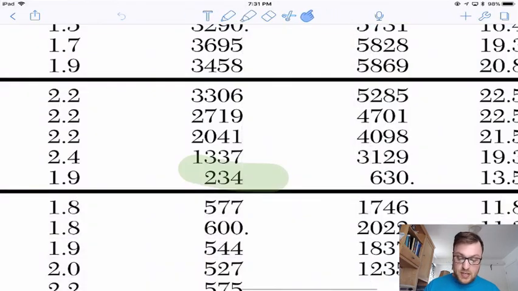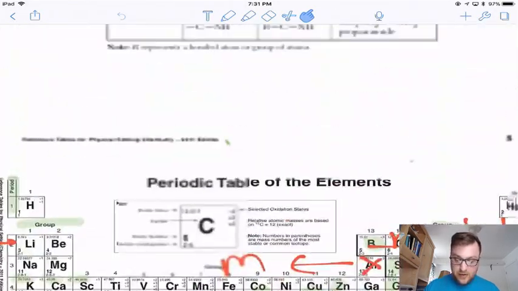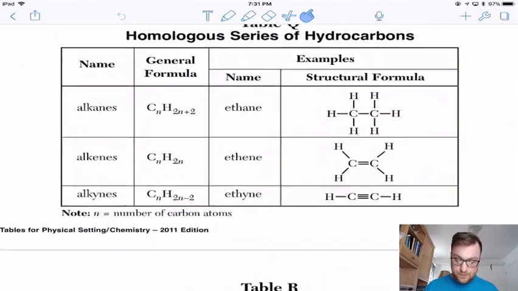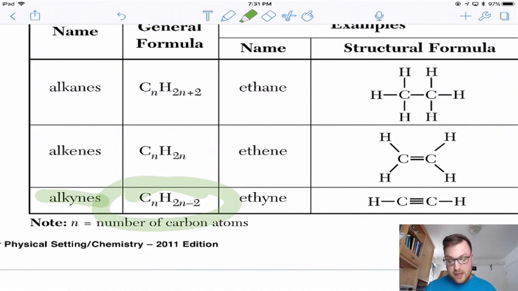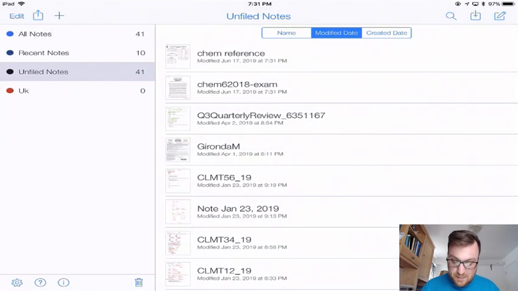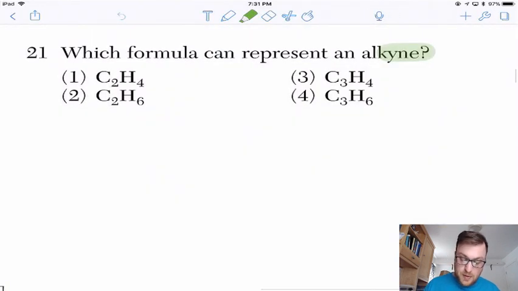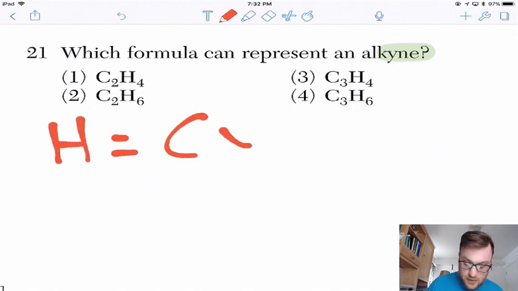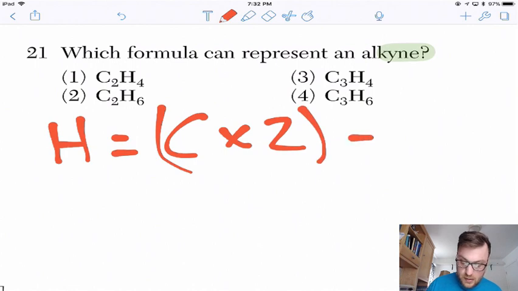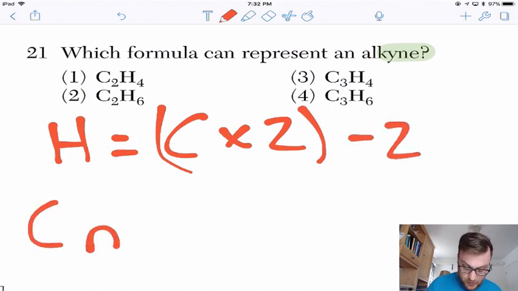Alkenes, alkanes, and alkynes are all on table Q. It said alkyne and gave you a formula, so we have to check which one of the formulas given satisfies this formula of CnH2n minus 2. Go back to the question. We're trying to pick one where the hydrogens equal the carbon times 2 minus 2. Because the formula looked like this.